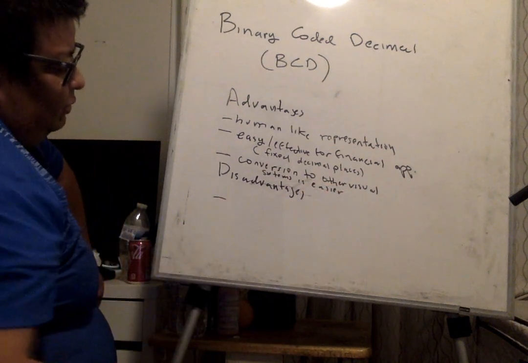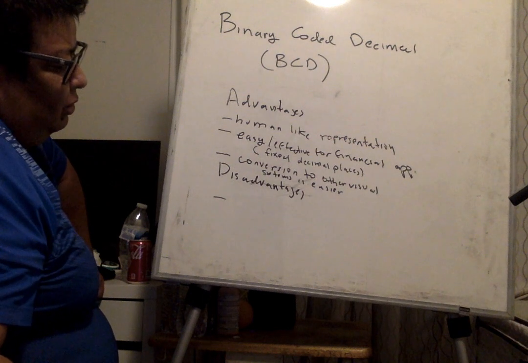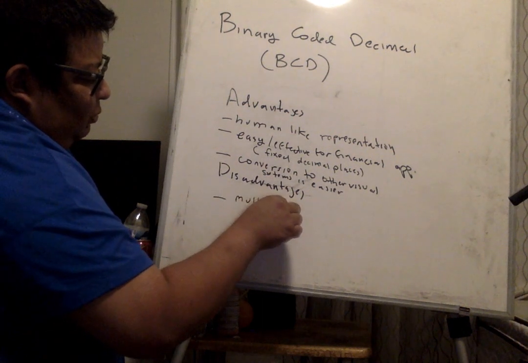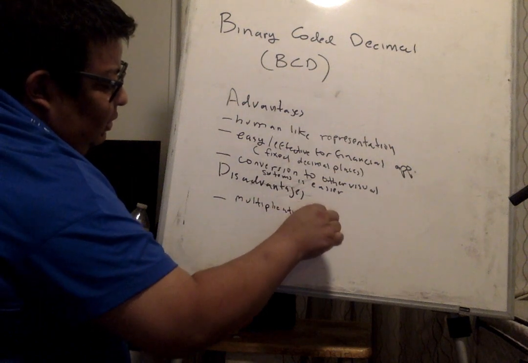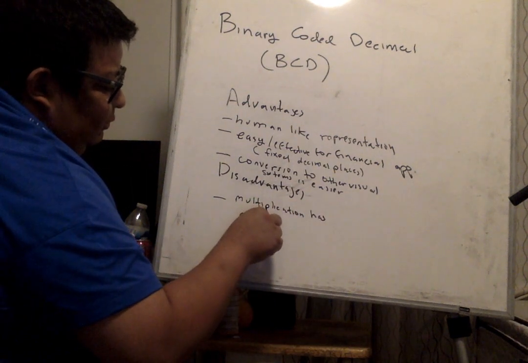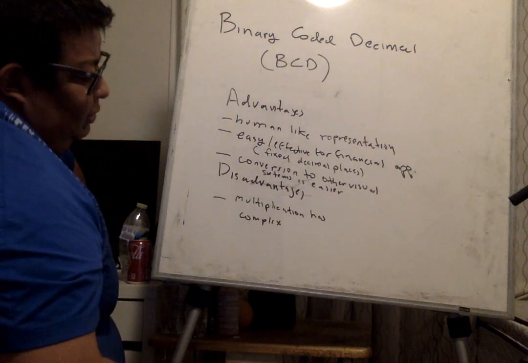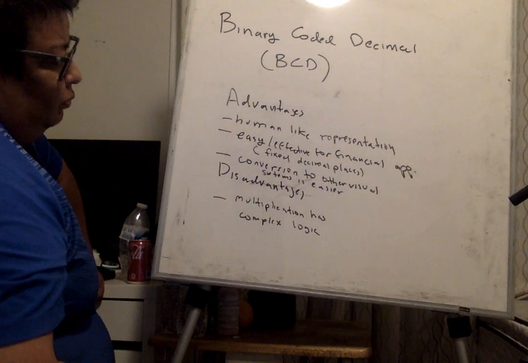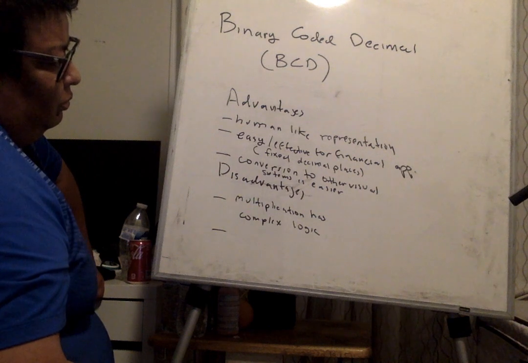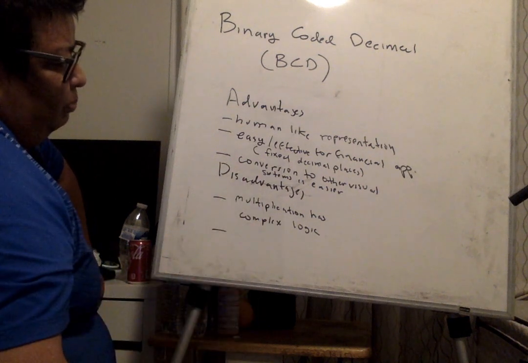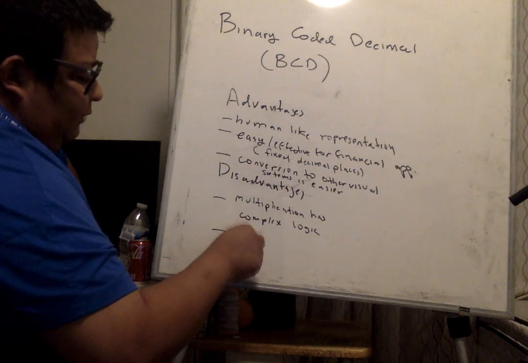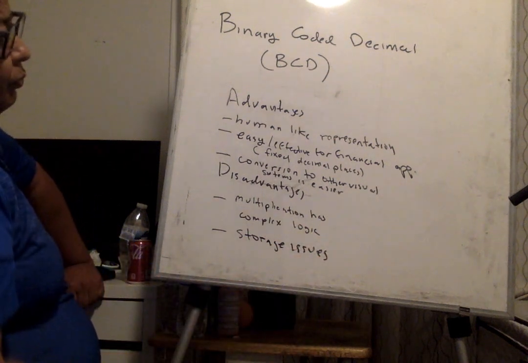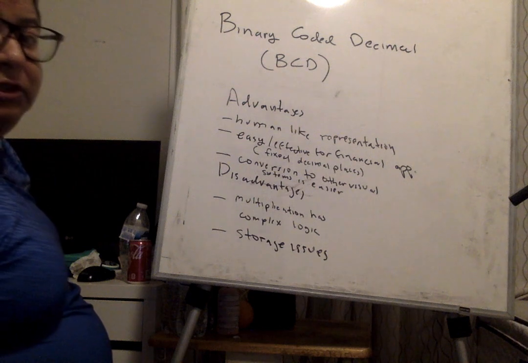Some disadvantages: certain applications of binary coded decimal, like multiplication, have more complex logic behind them. Another is that, depending on whether it's packed or uncompressed, you have storage issues. These are some of the advantages and disadvantages that I found.